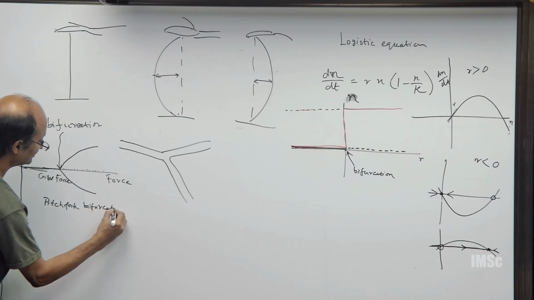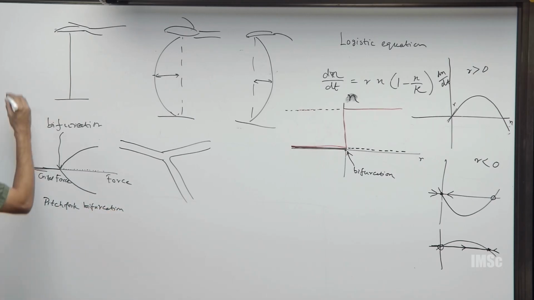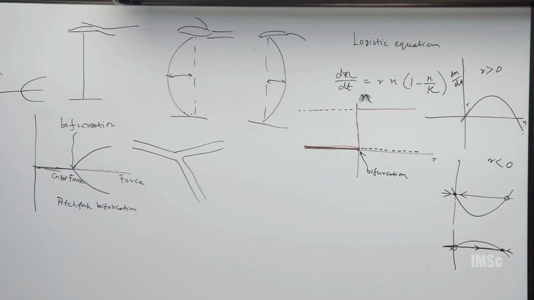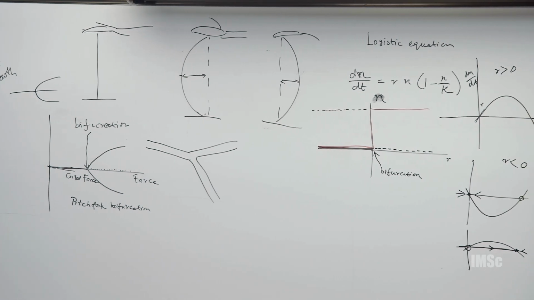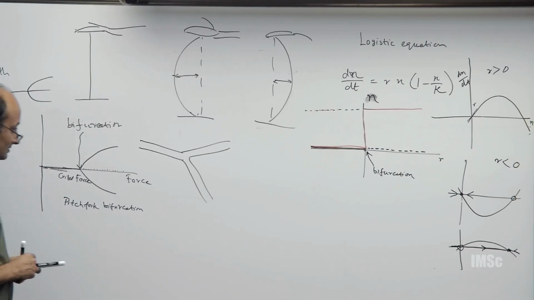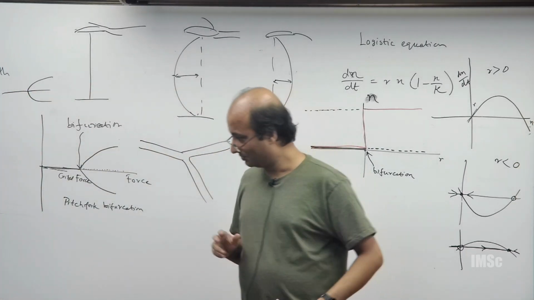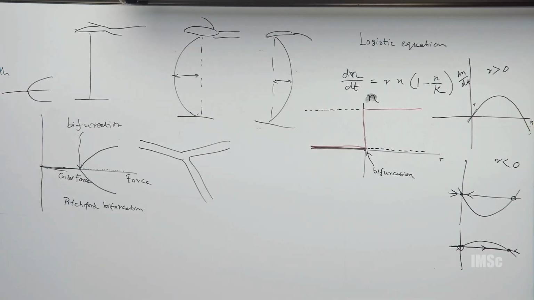Why pitchfork? Because it looks a bit like this, right? Okay, and we have another example called saddle node. Okay. So what's a saddle node? So let's look at that.